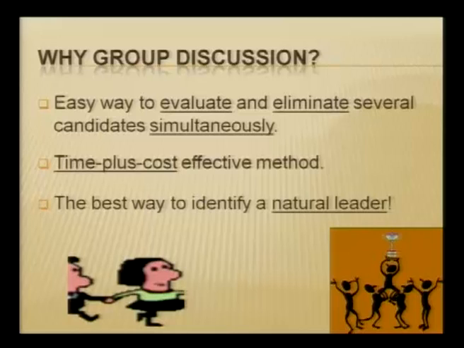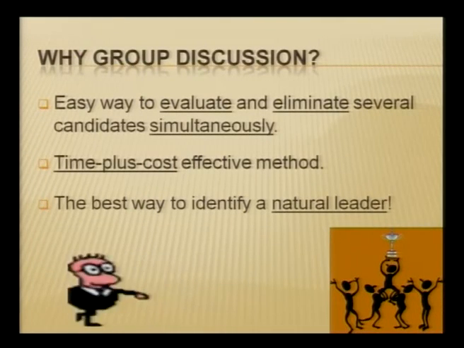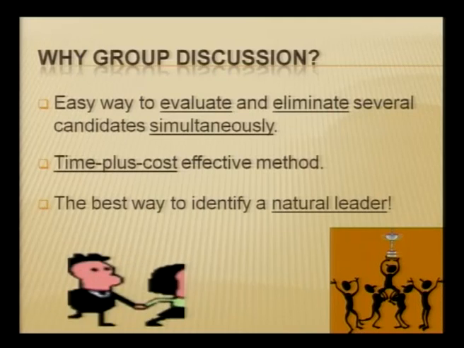The judges or the panelists rigorously look for the most important personality traits, the essential components that they are looking for, and then they are quite careful with those 10 candidates in selecting maybe just one candidate, two candidates, three candidates depending upon the need. Now, that is what I said. It is easy to evaluate and eliminate several candidates simultaneously at the same time.